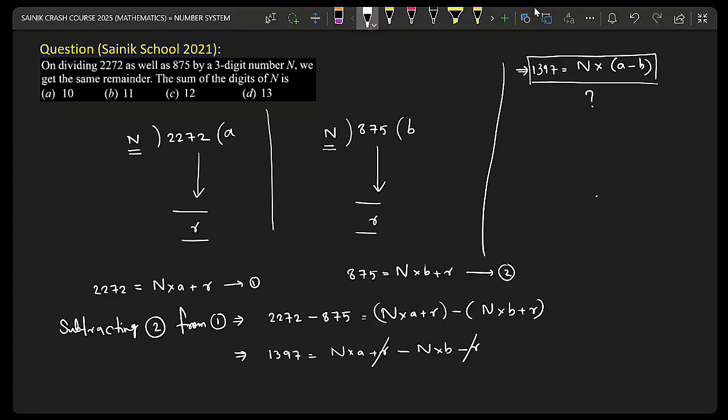For example, Rishikesh, if you know 20 is equal to 4 into 5, what is the information that you get from this equation? Sir, 4 multiplied 5 times. Can I say 4 is a factor of 20? Yes, sir. Similarly, in this equation, what is the information that we can write?